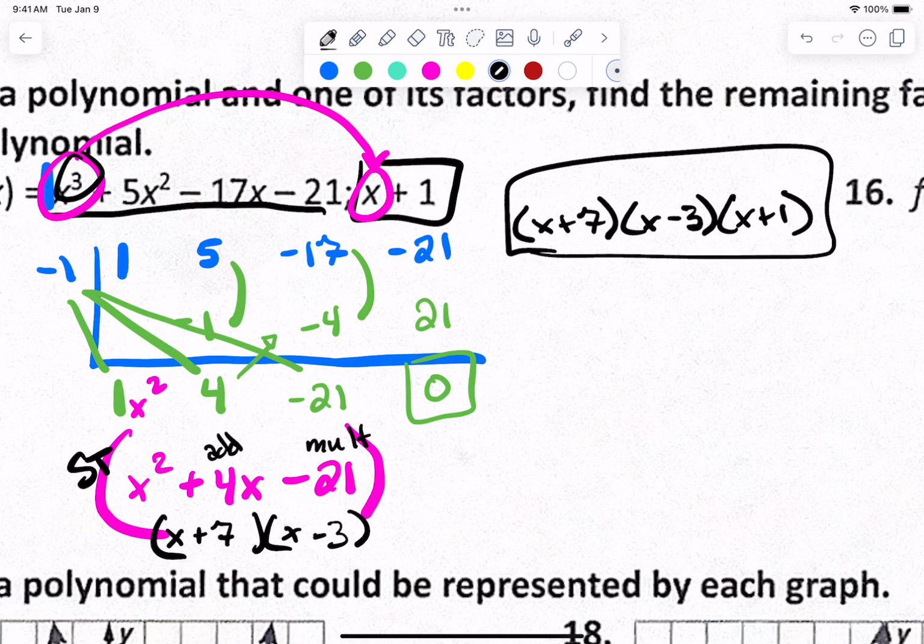That's why I was really confused. Okay, here. -5 times 1 is -5. Right. And then 2 and -5 makes negative. But that's the problem with synthetic division and long division.